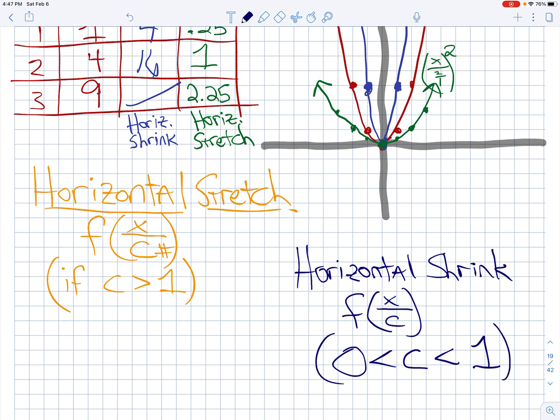And then a horizontal shrink or compression, same thing. It's going to be f of (x divided by c), and if your c value is between 0 and 1, that will cause the graph to shrink horizontally.